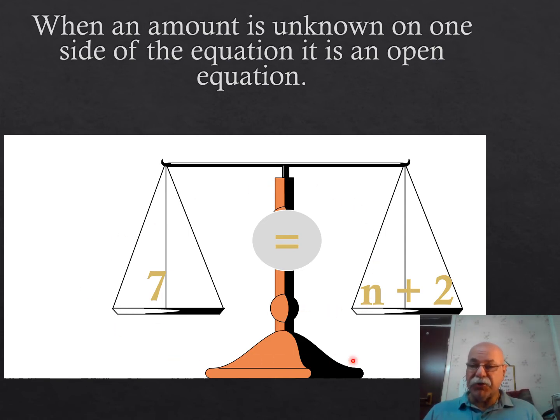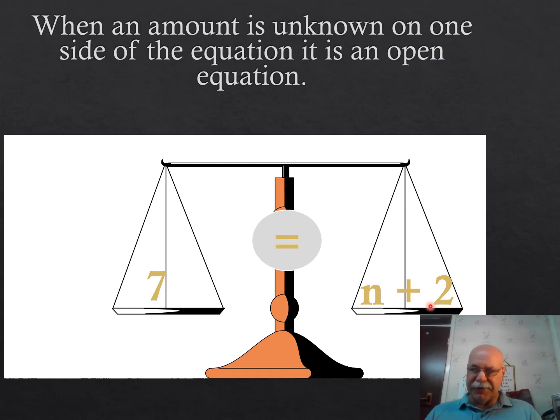Because on the other side we have an unknown value, an unknown amount, any number or any letter, such as x, z, m, q, y. When you see an equation like this, it is an open equation.